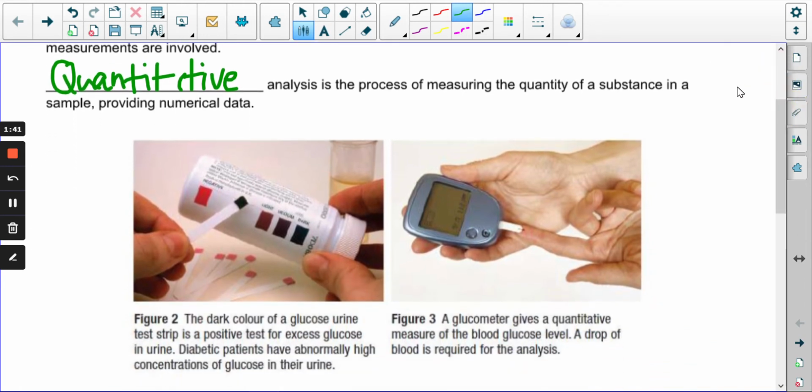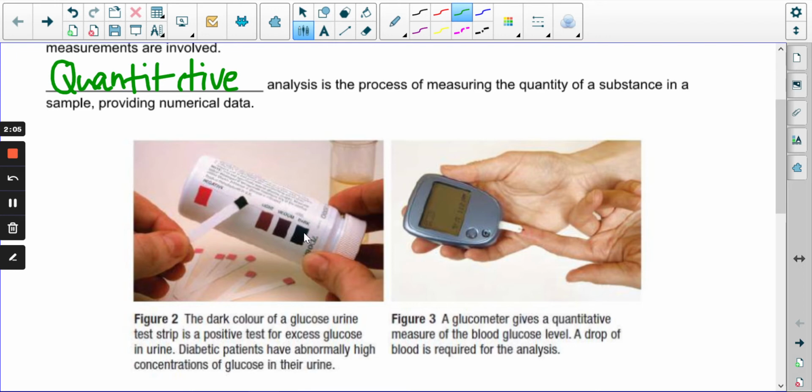The first one, which is a urine test, is just identifying whether or not there is high glucose in a sample of urine. This would be used for people who are trying to identify if perhaps they might be diabetic. In here, we are using just a test strip, so we're not actually coming out with a number.